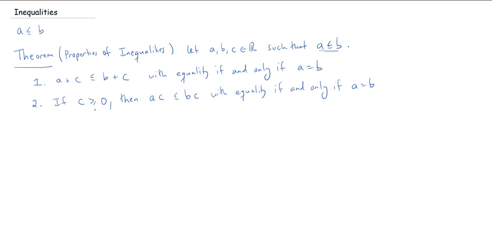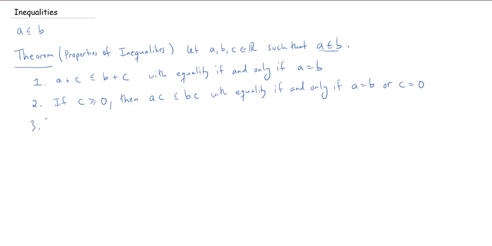Well, it's because C could equal 0. And no matter what A and B are, if I multiply by 0, I'm going to get equality. So that's the other possibility there. So you have to be aware of that. Sometimes, I multiplied by C and I got AC is equal to BC. Oh, okay, so I guess A equaled B. Not if C was 0.